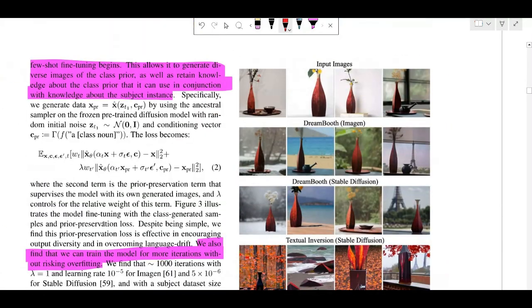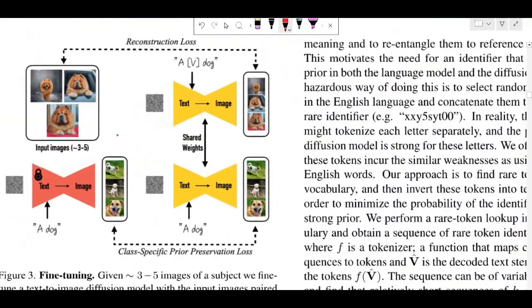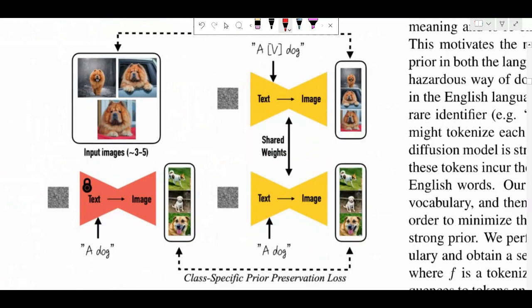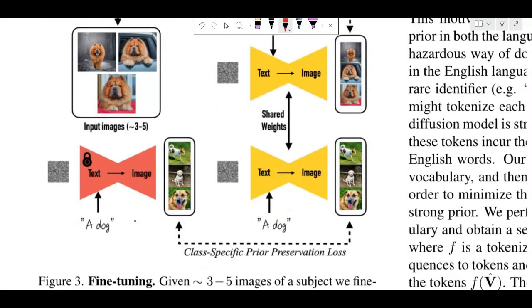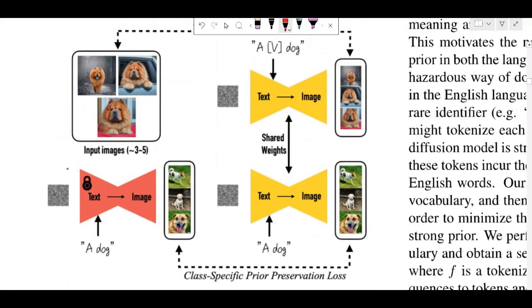And what they do here is probably best seen in this diagram. They have a pre-trained model which they're fine-tuning. They have a set of weights which are frozen, which are not fine-tuned, and a set of weights which are being fine-tuned, these yellow weights.